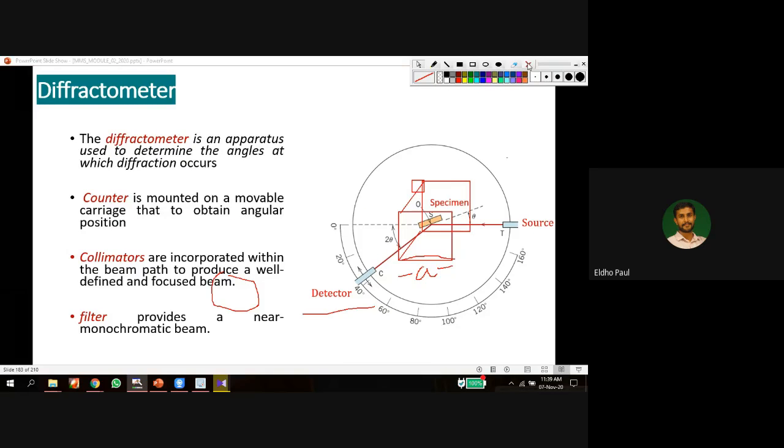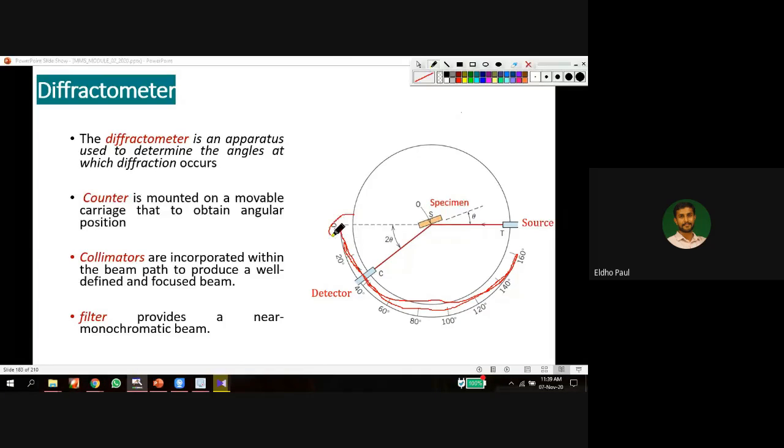And this is the diffractometer, which is used to study the microstructure of the material. Here we use a specimen and a source. From the source, a ray is incident on the specimen, strikes the atomic particles, and then they get diffracted. We place X-ray paper in this region.